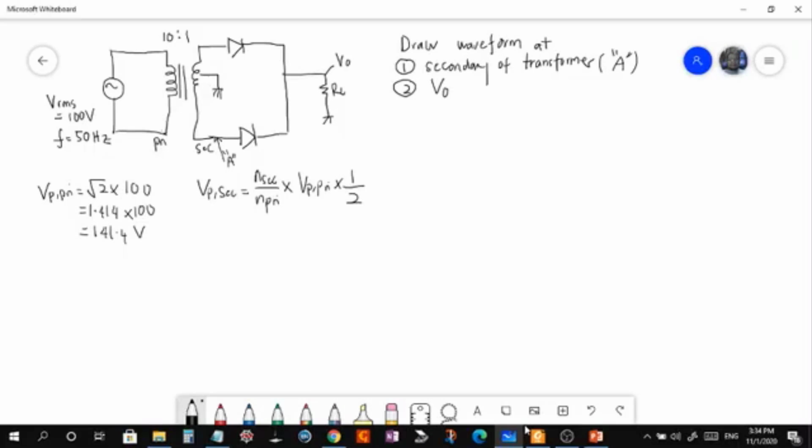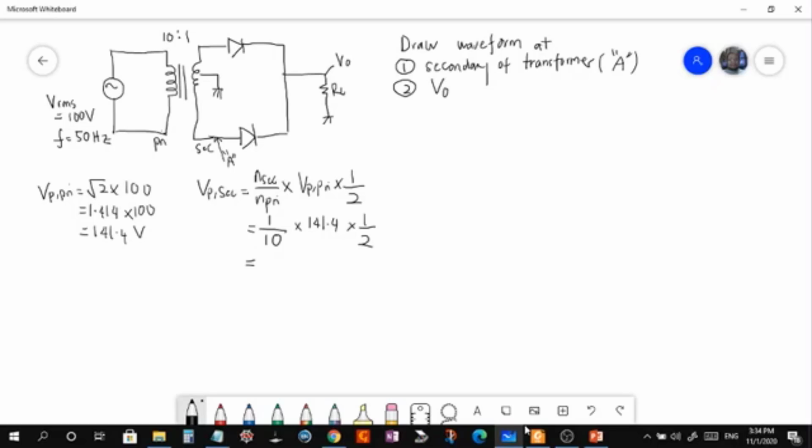The N secondary is 1, N primary is 10, and V peak primary is 141.4, times 1 over 2.